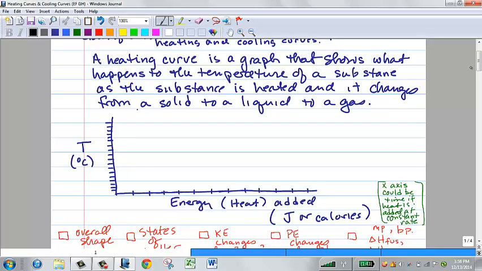So as long as we knew that the energy was being added at a constant rate, we could measure the time instead of actually measuring how much energy. Sometimes that's easier. And sometimes you'll see time on the x-axis then.